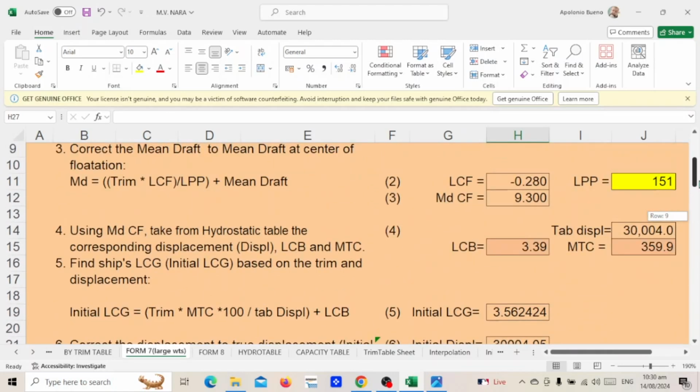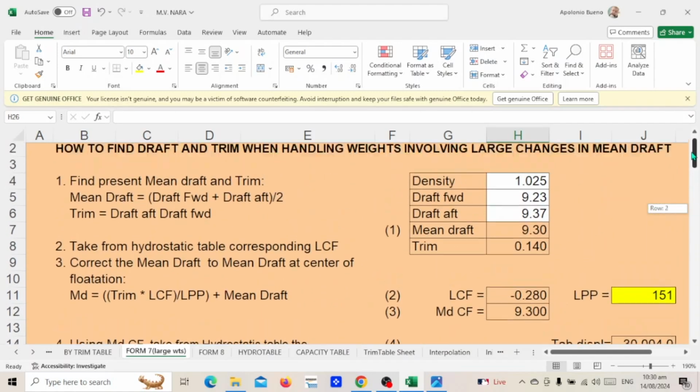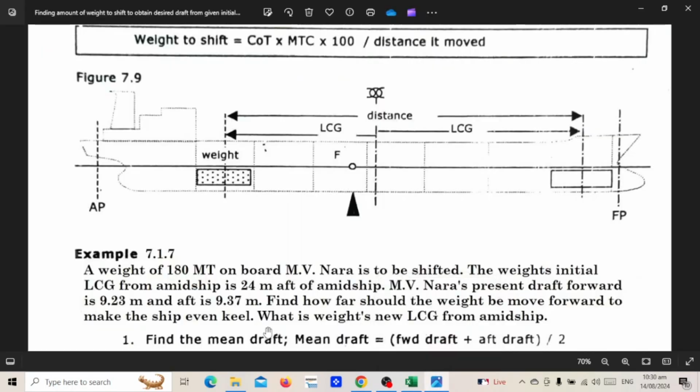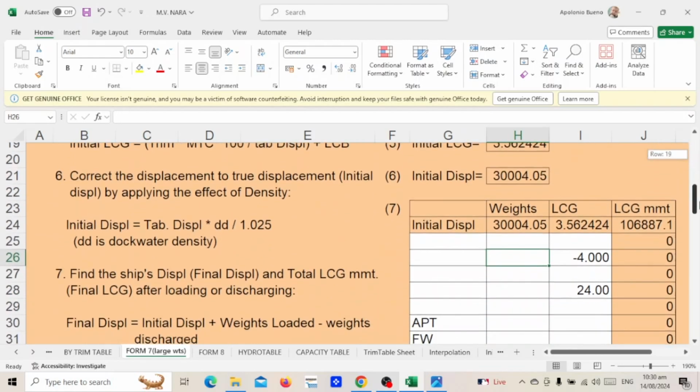Okay, let's start again, guys. Take out this one. Your initial draft was 9.23, 9.37. Okay, I know, I made a mistake here.